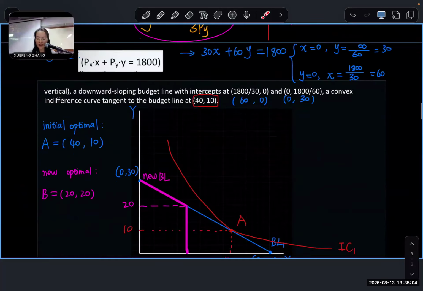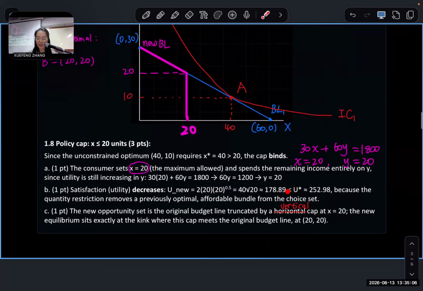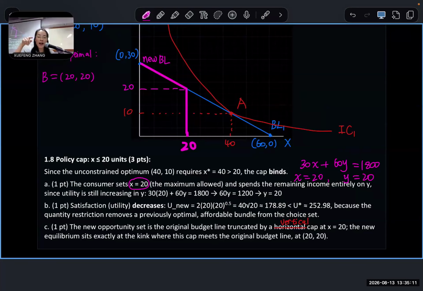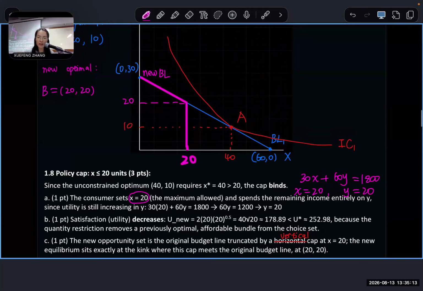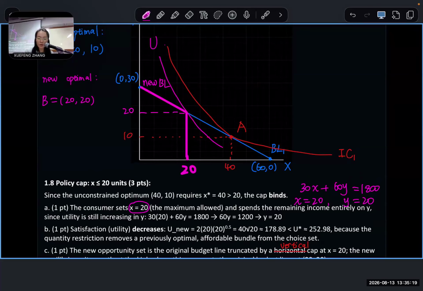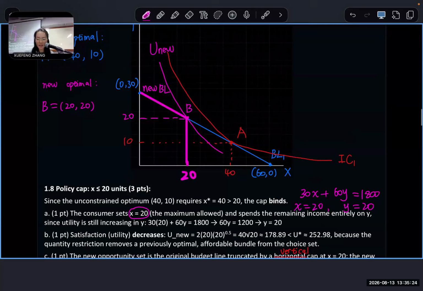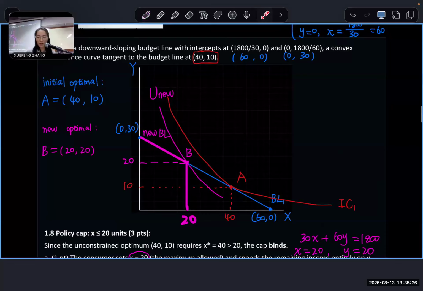So right now you see actually the consumer's utility decreases. So you need to draw a new indifference curve here. This is U new, and this point is B. Okay, that's why I showed you here.